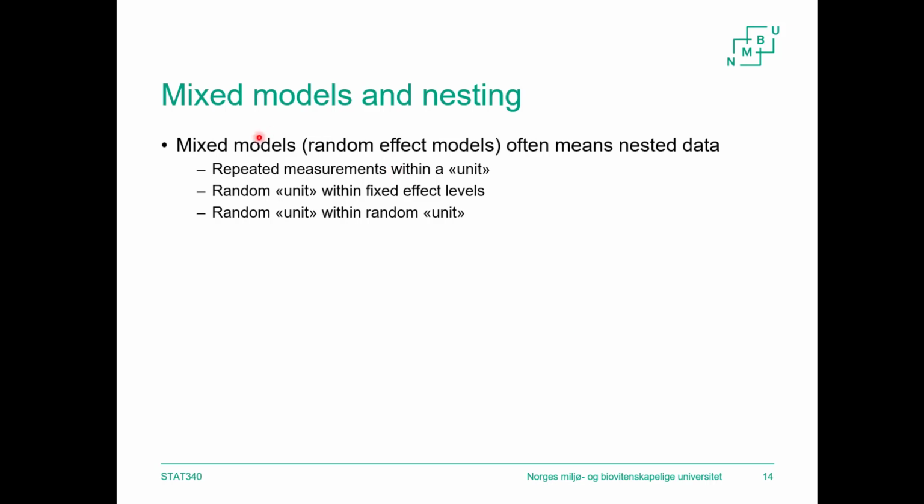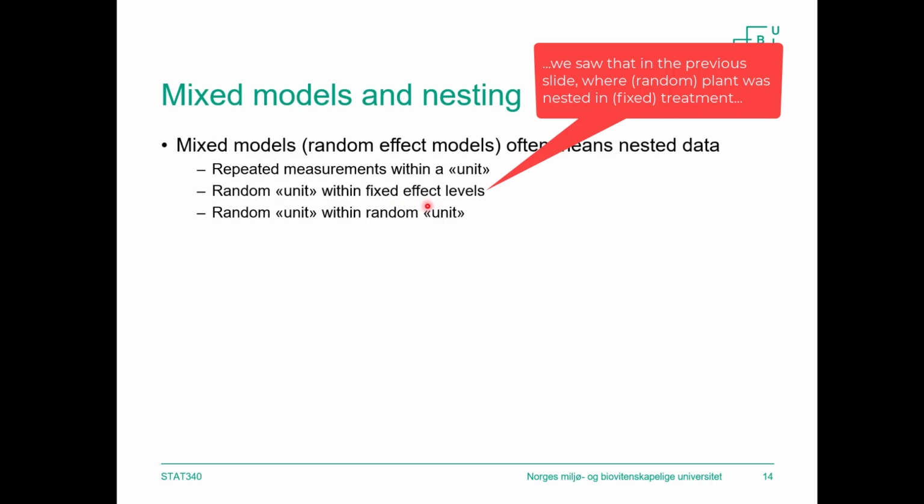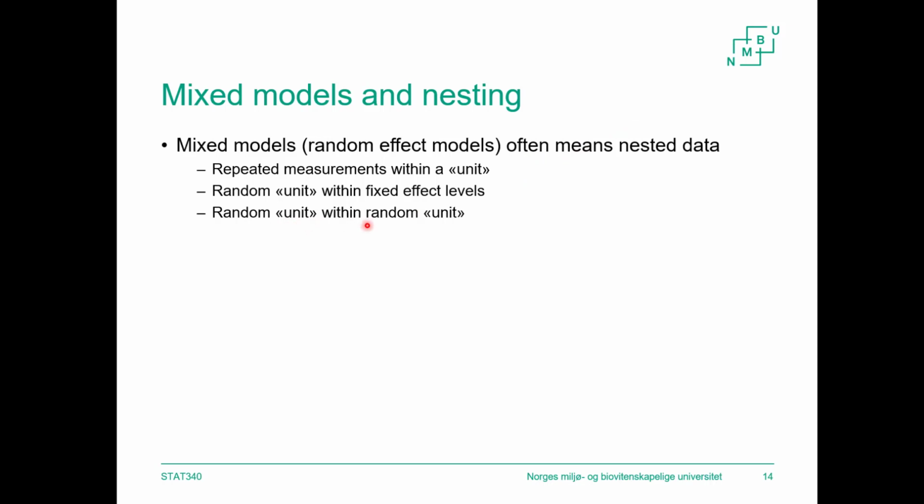A random unit can also be nested within a fixed effect. We will see that in an exercise this week. And we can also have a random unit within another random unit, actually. That's also not too uncommon.